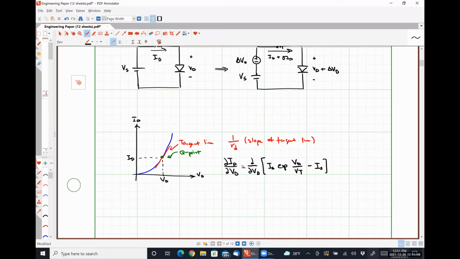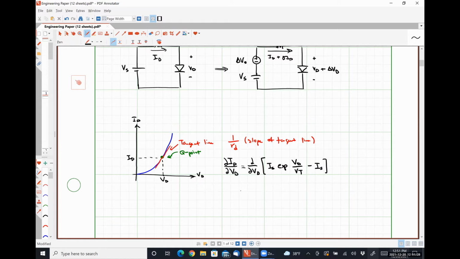Where if I put a parentheses here, that's where the extra term of IS is coming from: the fact that it's usually IS times the exponential minus 1, and I'm just moving that IS to the outside there. So that when we take a derivative, it's obvious that part's going to go to 0, right?